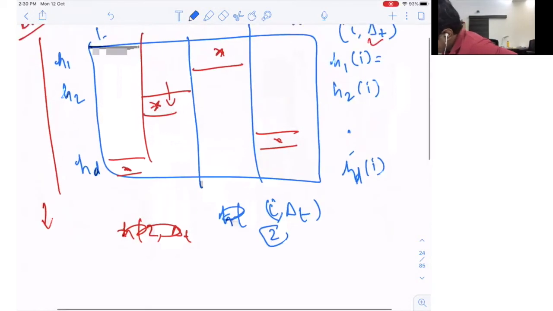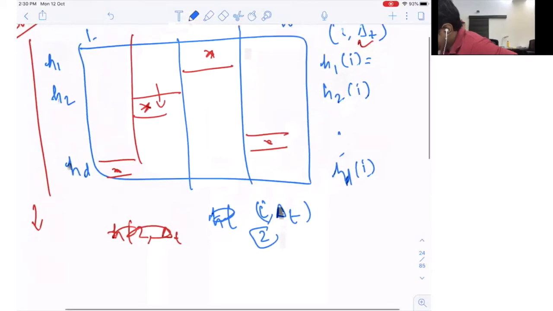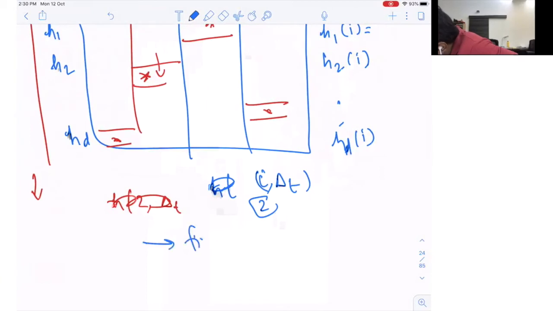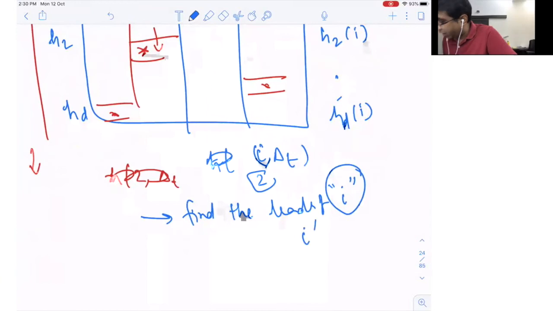So where should the 2 be mapped? Well, for 2, I'm not going to map it to h1 of i, right? I said, find the leader of i, right? Find the leader of i. What is the leader of i? Which dyadic interval does it belong to? It is very easy to find by the definition. So suppose I got i prime.